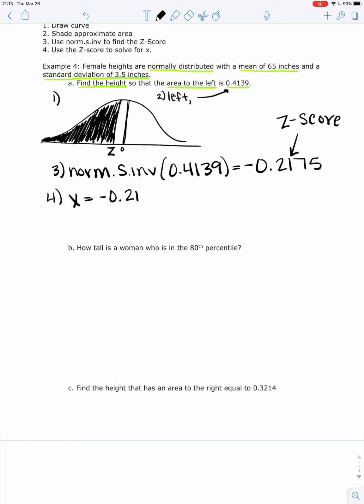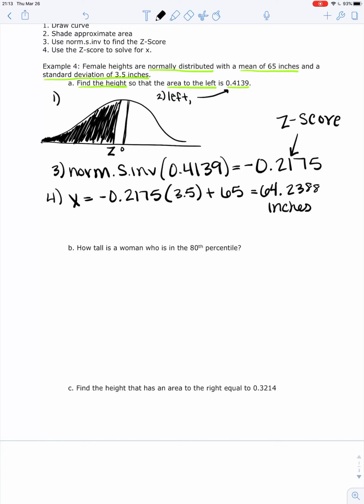So the last thing we're going to do is solve for that person's height. You take the z-score times the standard deviation, and then you add the mean. So negative 0.2175 times 3.5 plus 65 is 64.2388 inches.